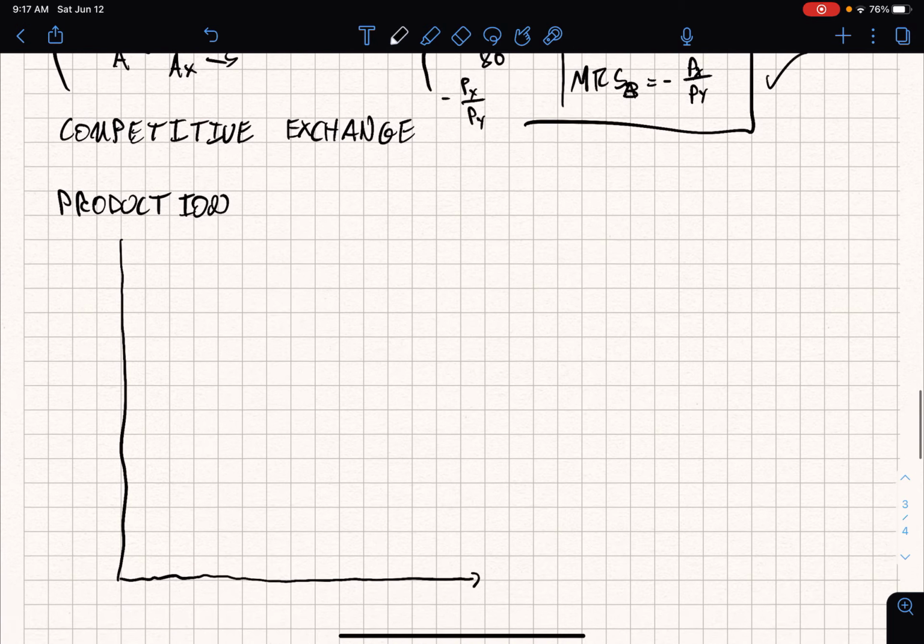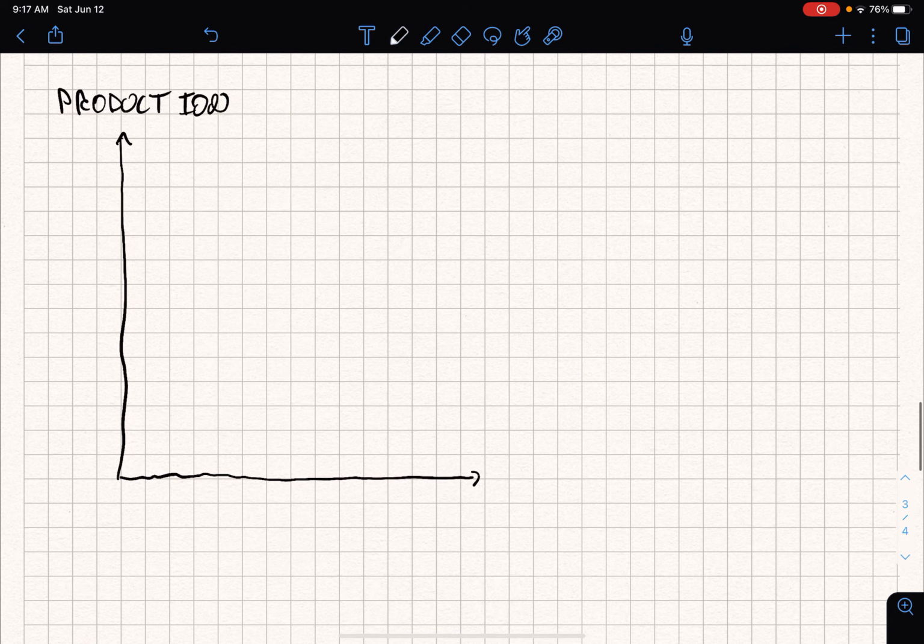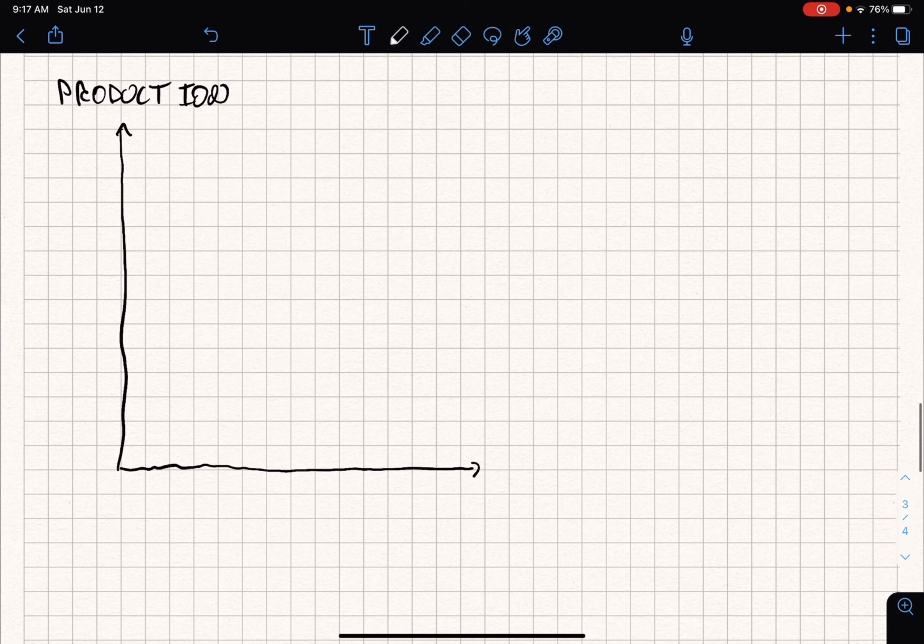There are more details in the textbook. I would highly recommend looking at them. But let's say we have a production possibility frontier, and we have a point on the PPF.